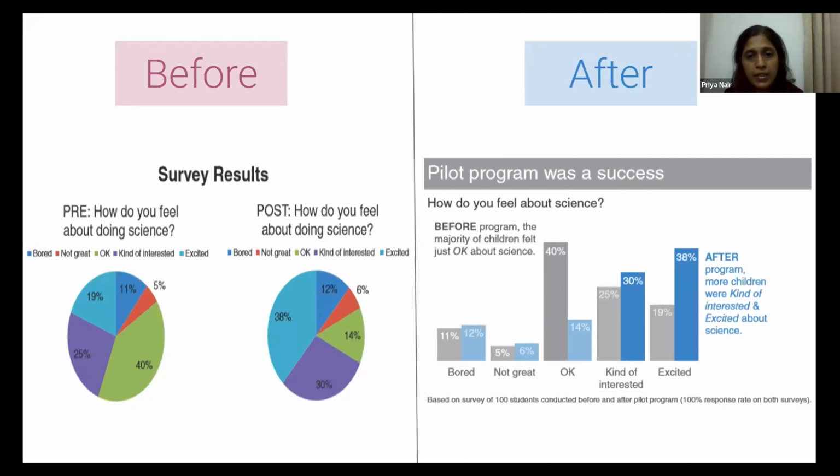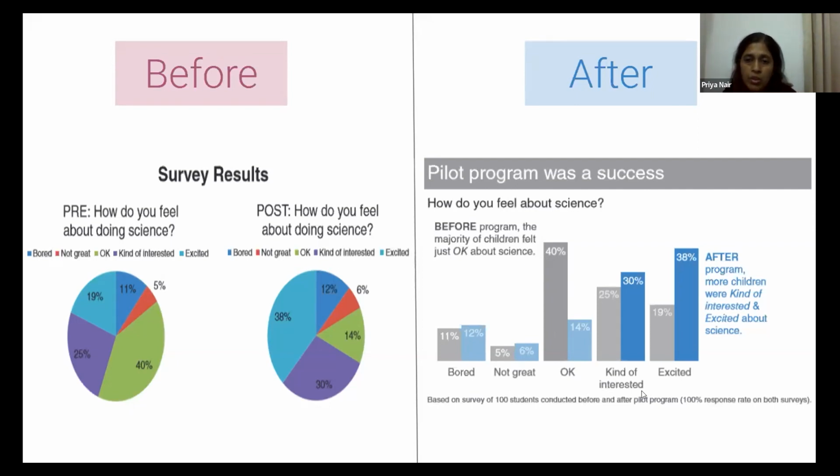And there's a legend about gray, which says before program, the majority of the children felt just okay about science. And after the program, which is in blue, you will see more children were kind of interested and excited about science. And also you will see the gray of okay is highlighted a bit more dark, so that whatever you have mentioned about that is related with that diagram.